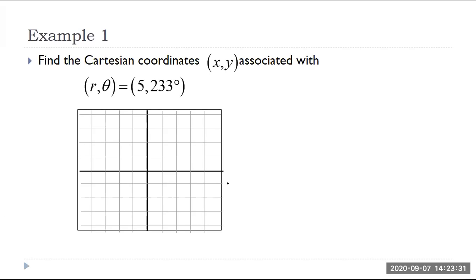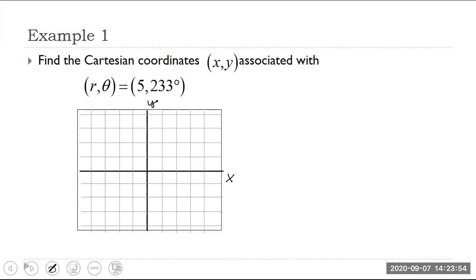So we want to find the Cartesian coordinates x and y that are associated with the polar coordinates r and theta. The first thing I realize is the angle of 233 degrees. Where is that going to lie in my coordinate system?